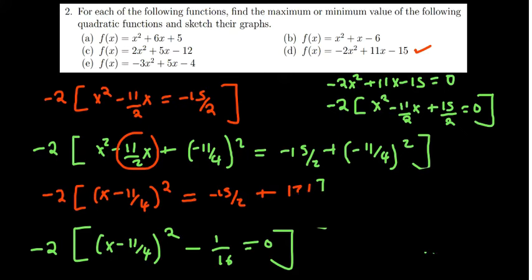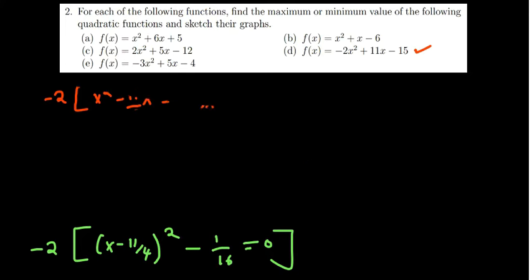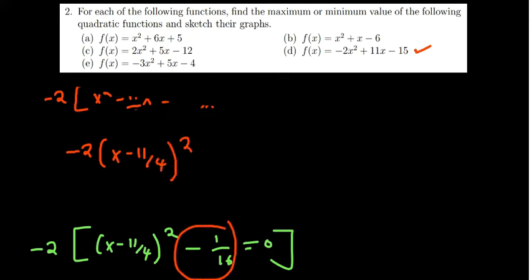So remember, this is not where you end. You need to make sure that the negative 2 only applies to the bracket where we've got a square. So have negative 2 (x minus 11 over 4) squared. As you distribute the negative 2, if you multiply it with the other part, you get a positive, right? Positive 2 over 16.